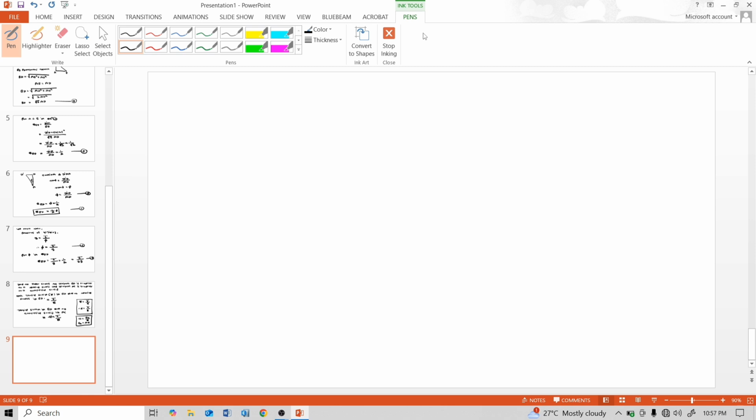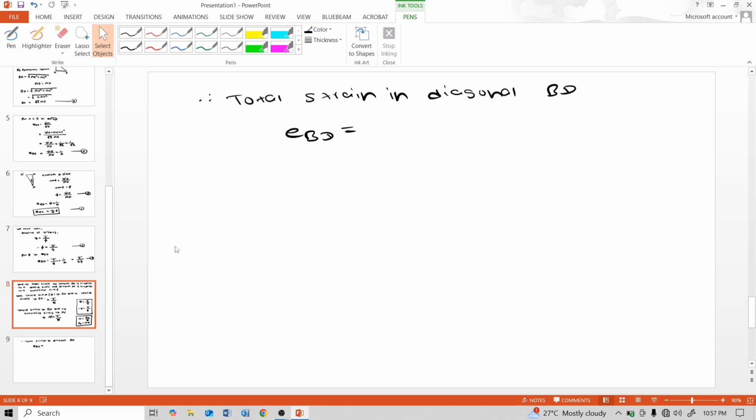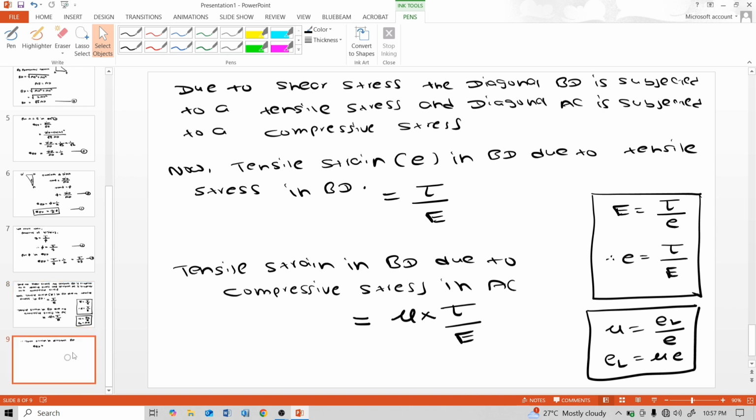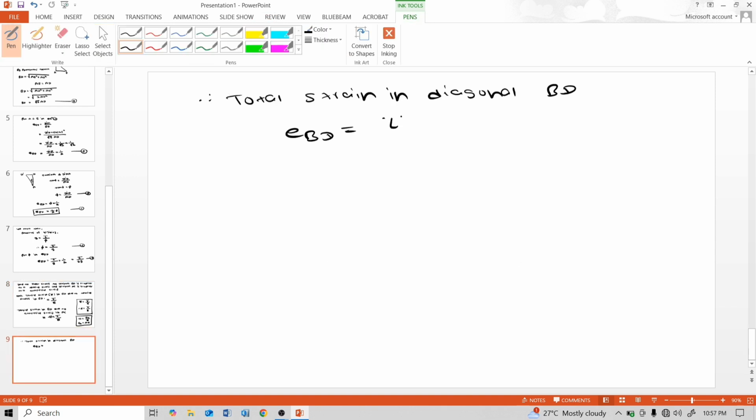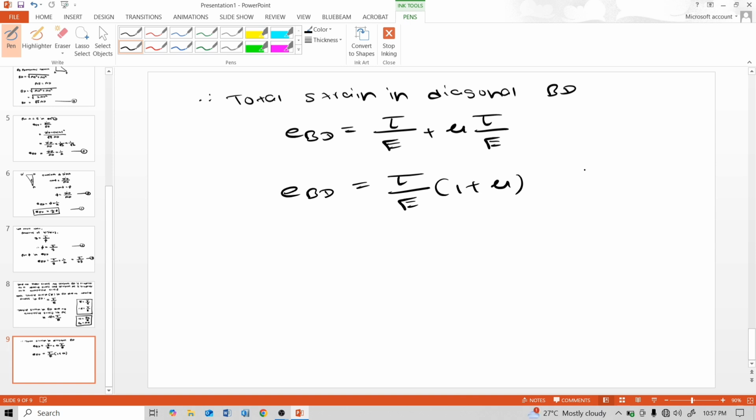Total strain in diagonal BD, EBD, is equal to this plus this: tau by E plus mu into tau by E. Take common this tau by E and 1 plus mu. Equation E.